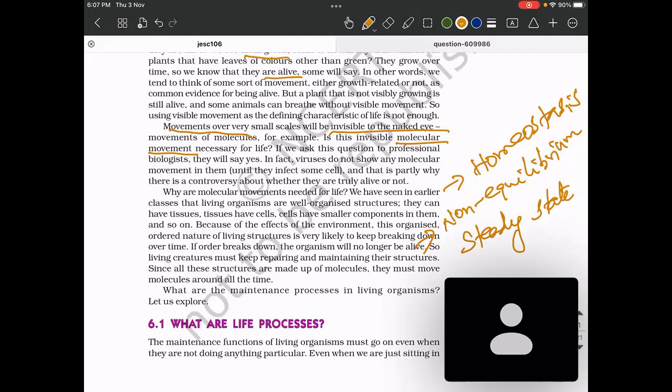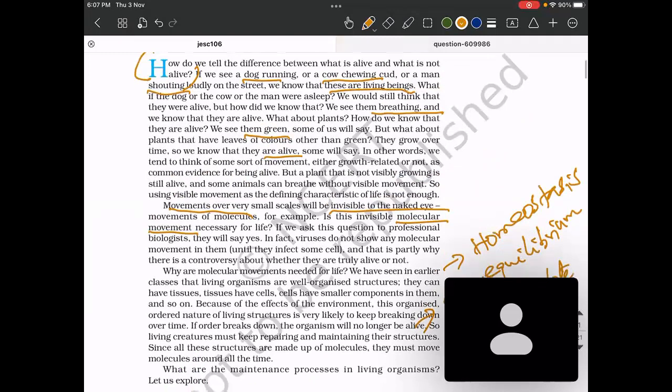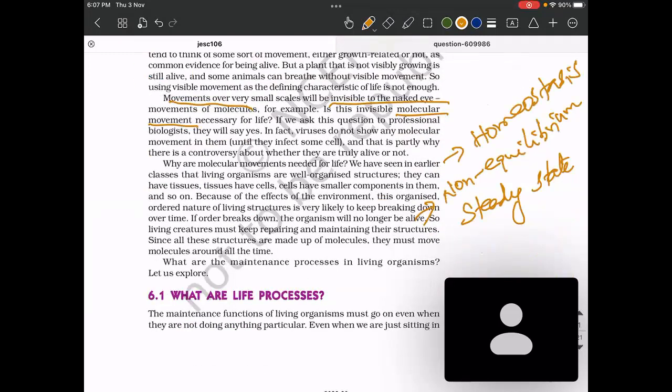Non-equilibrium steady state: when you want to say that a cell is alive, for example, here you saw the organism is alive through visible movements and invisible, molecular movements. To say the cell is alive, how can you say? By the non-equilibrium steady state mechanism.